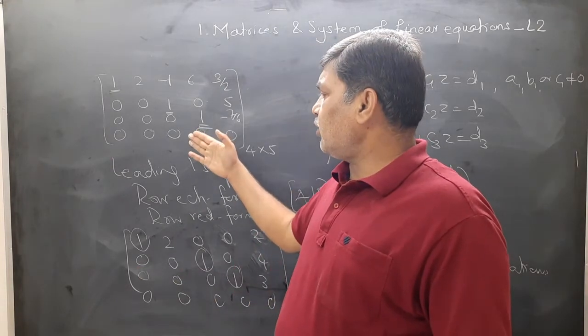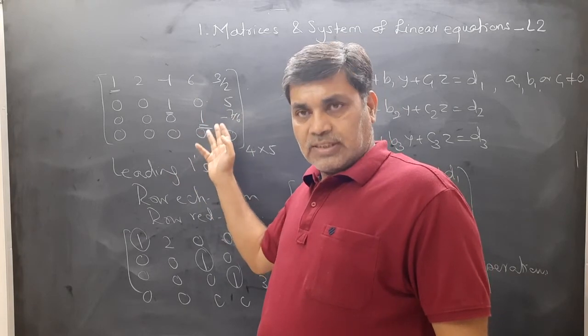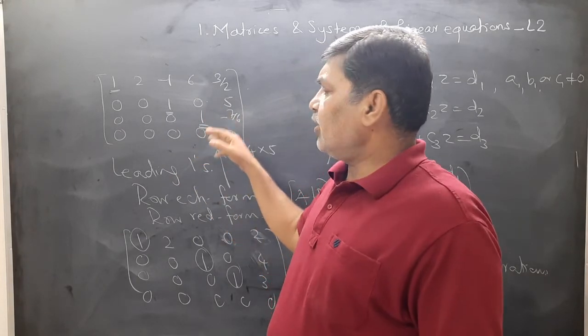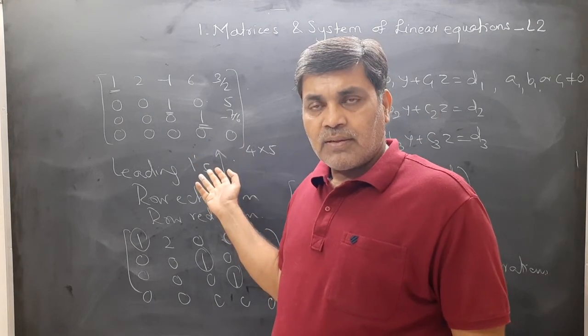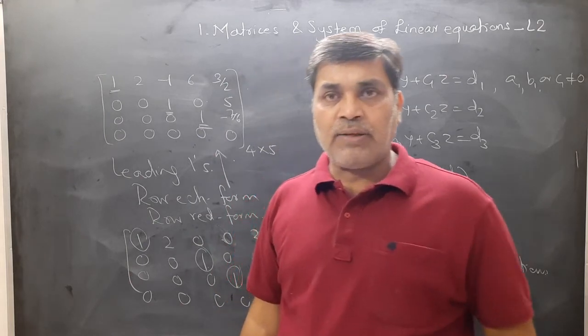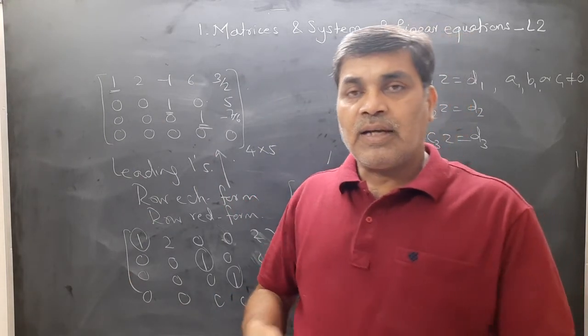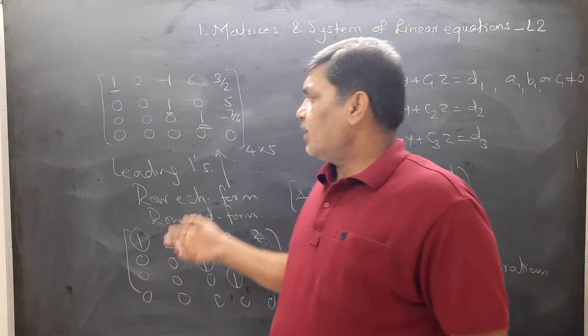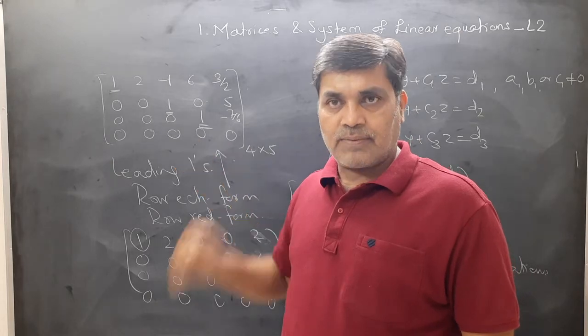With the help of the row echelon form of a matrix, if I write the reduced system, then I will get from the last equation the solution for the last variable. Substituting that in the equation above, I will get the next variable value. Substituting that in the equation above, I will get the next value, and so on. So if I solve the system by using the Gauss elimination method, it means the back substitution method.